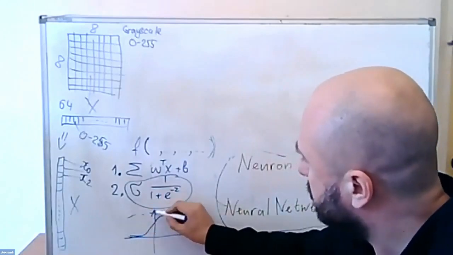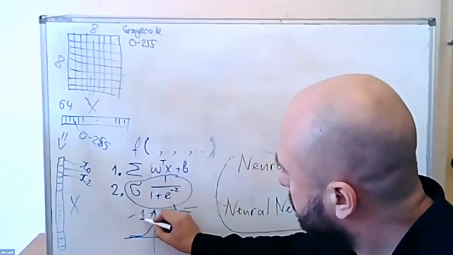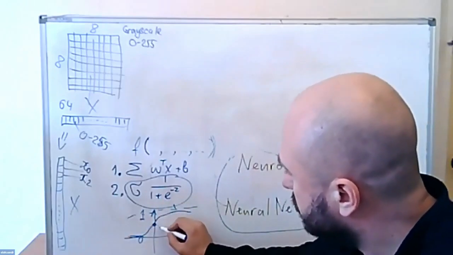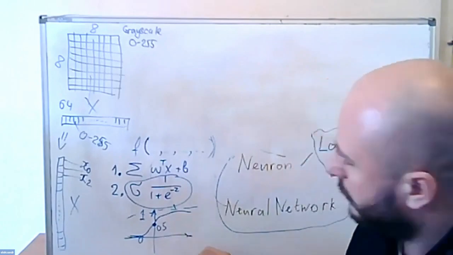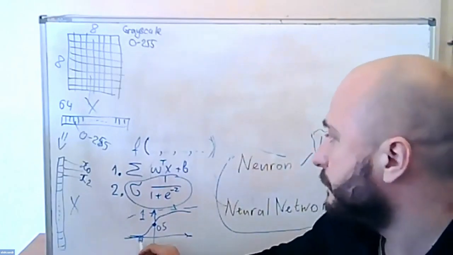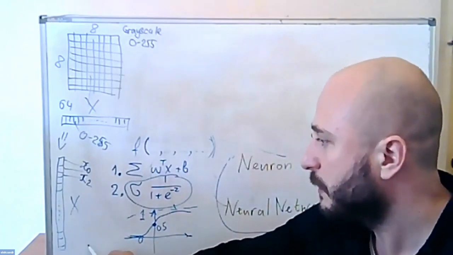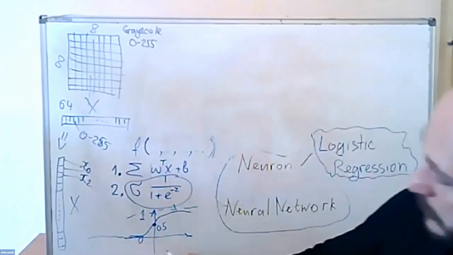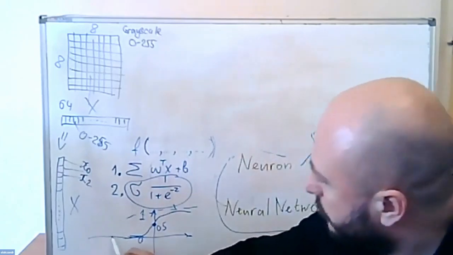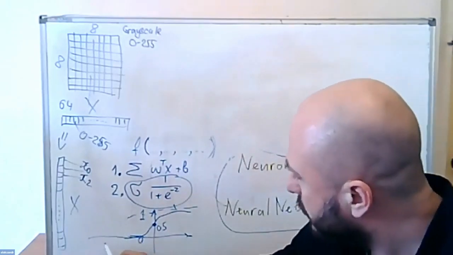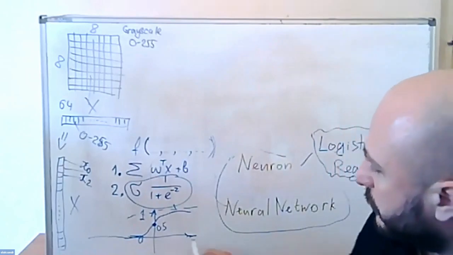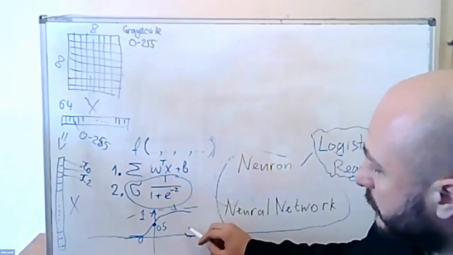And this is the thing like this. This is the 1, this is the 0, this is 0.5. So for values under 0, we have almost 0 all the time. For values much higher than 0, we have almost 1 all the time.